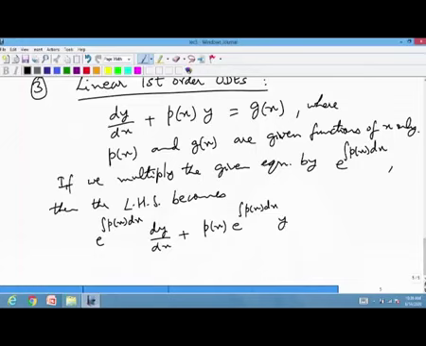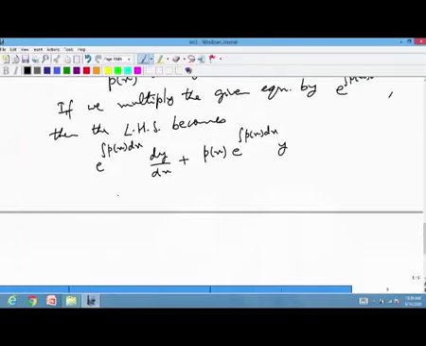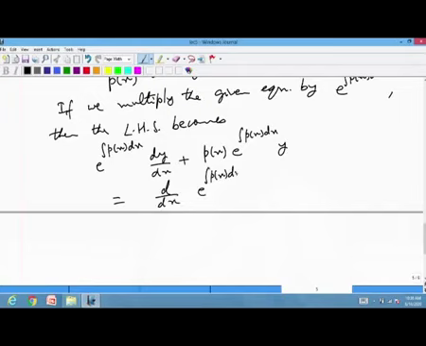and now you can see that this is nothing but the derivative d by dx of e to the power integral p x dx times y, because by product rule if you differentiate this product you will get the exponential of integral p x dx times dy dx plus y times the derivative of e to the integral p x dx, which will give you e to the integral p x dx times the derivative of the exponent, which is simply p x.